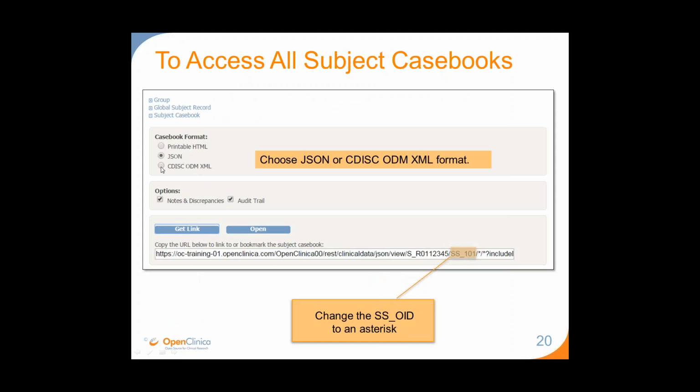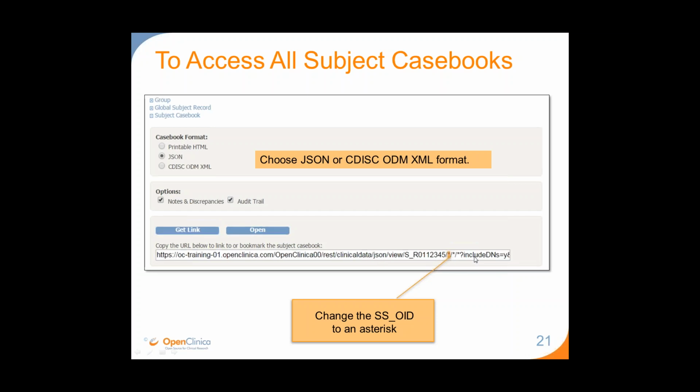And just a reminder, this only works right now with JSON and CDISC ODM XML. It does not work with printable HTML. So locate the study subject object ID, change it to an asterisk. And now it will pull out all study subjects.